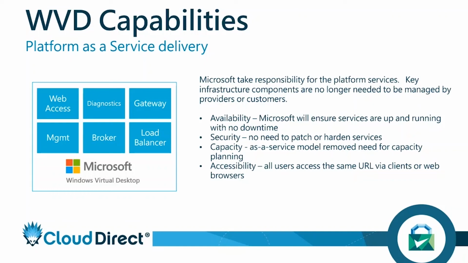And then capacity. You don't have to cater for capacity, and you get that flexibility. Because it's an as a service model, if you need new users or you need to downscale users, that capacity is added and removed when you see fit, impacting your cost in terms of the bottom line. That's something you don't get if you have something within a data center or your own on-premise infrastructure.